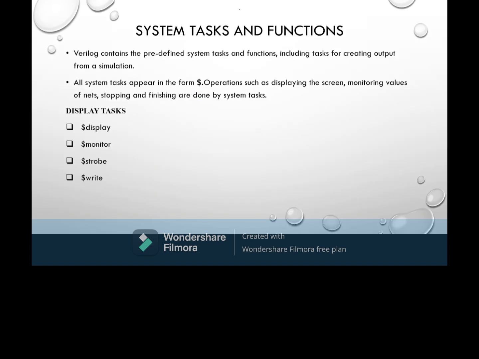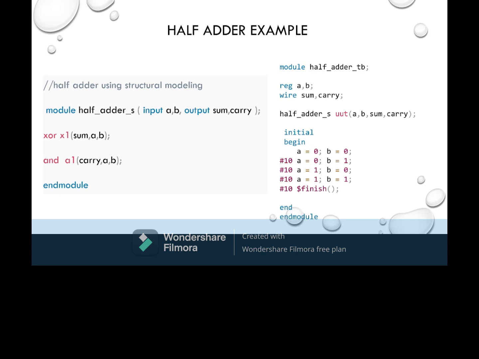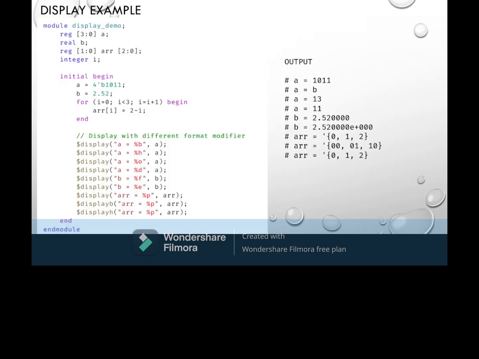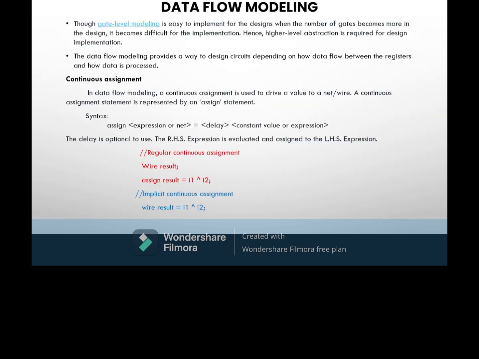But at the structural level, it is not always easy. For example, if you are designing big circuits, it is not easy to write code using the structure and gates, because the code will become lengthy.